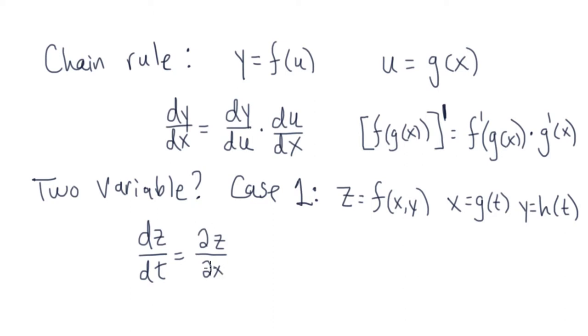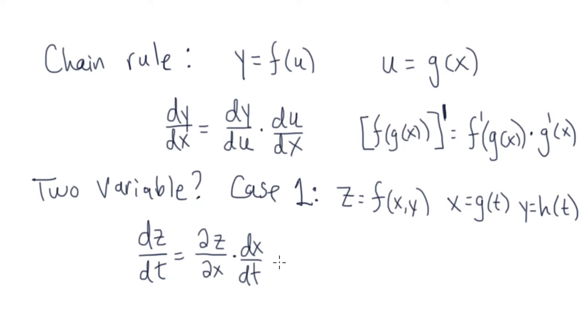So here I take it with respect to x, and then multiply by dx dt. And I'm using the regular d here because there's no ambiguity about what independent variable x depends on. It's just a function of t. So that's just like the one variable case, but I've ignored y.